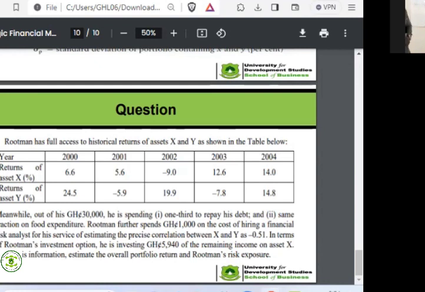And the other one is that he's also going to spend 1,000 cedis on the cost of hiring an expert. He wants to invest and diversify the risk, and diversifying the risk entails investing in assets with negative correlation coefficient.